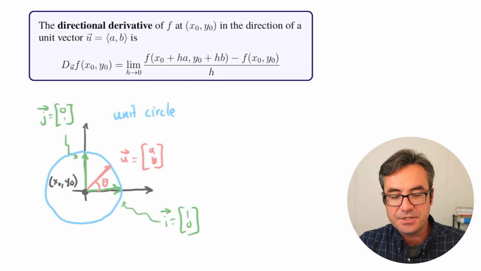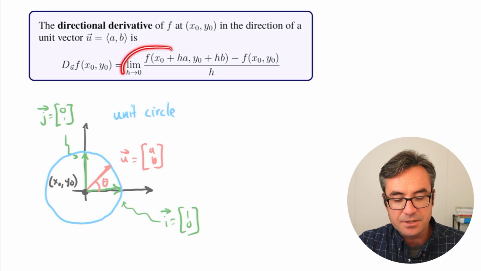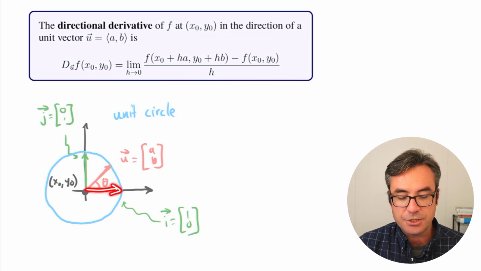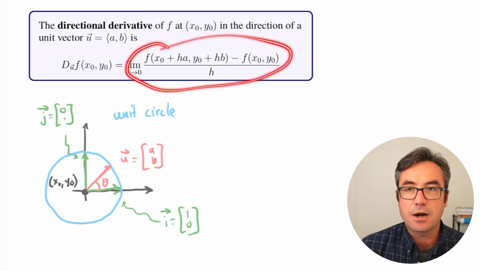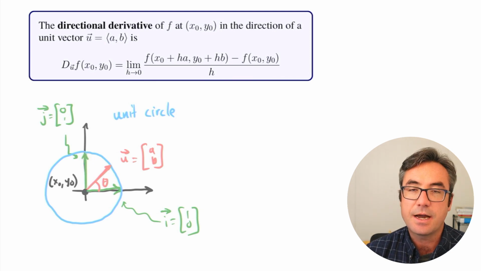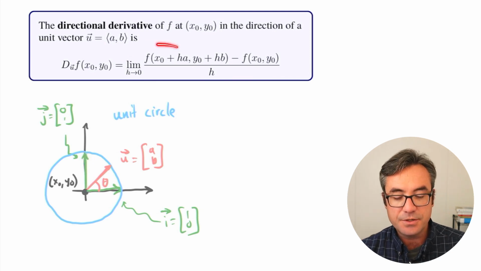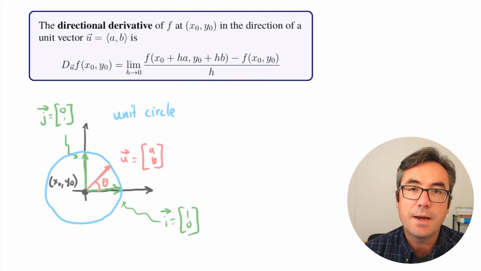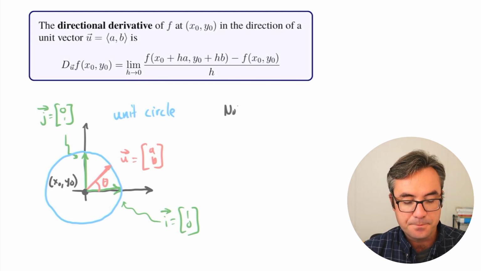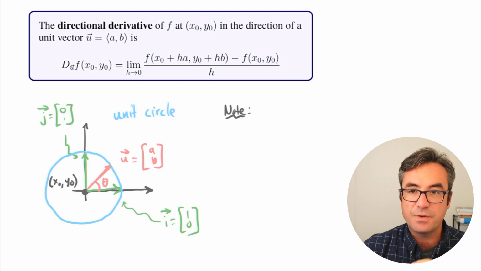And so this definition, this limit here, if we're going in the i direction, then this just becomes our x partial derivative. And if our direction is in the y direction, then this just becomes the y partial derivative. So just a quick note here. We've seen these two special cases.